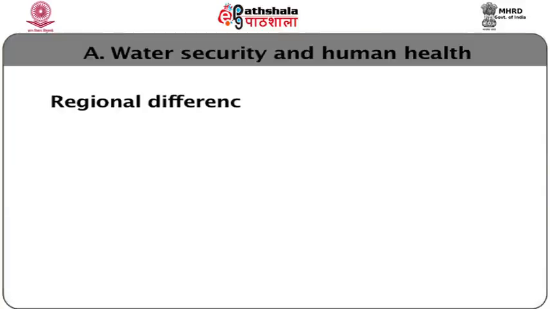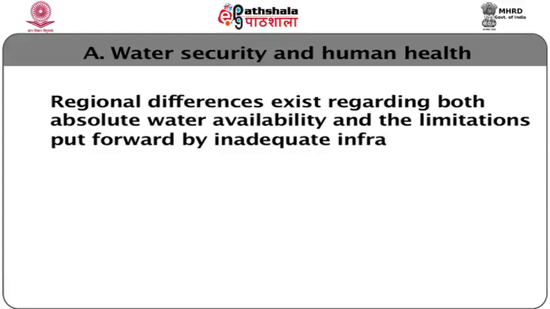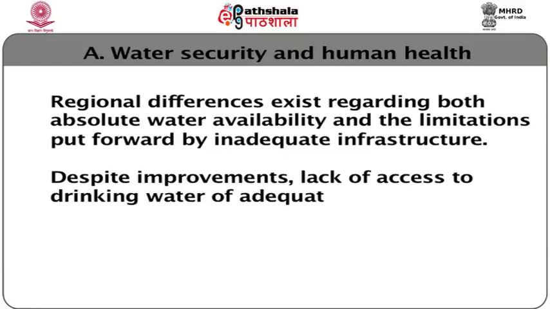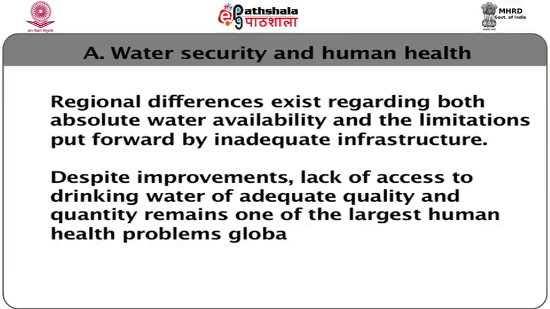Regional differences exist regarding both absolute water availability and the limitations put forward by inadequate infrastructure. Despite improvements, lack of access to drinking water of adequate quality and quantity remains one of the largest human health problems globally.